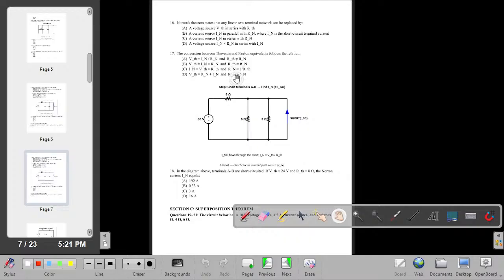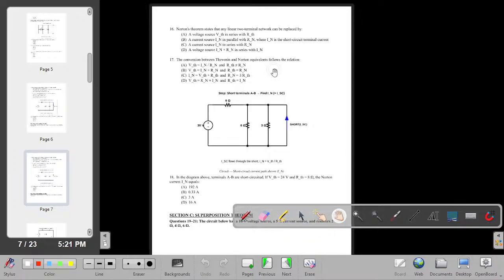Question 17. So we come back to question 10. It says the conversion between Thevenin and Norton's equivalent follows a relation. You know that there is a relationship between Thevenin and Norton. The Norton's current IN is always equal to Thevenin's voltage over Thevenin's resistance.